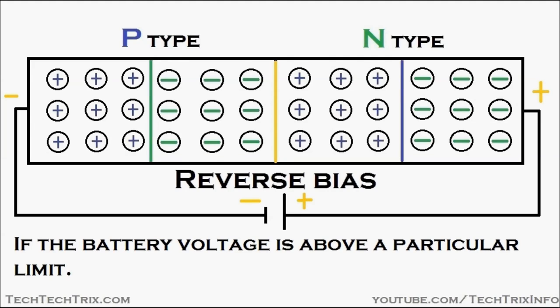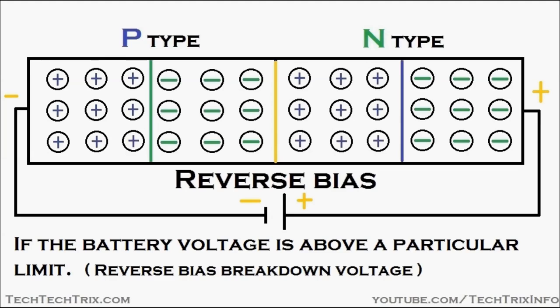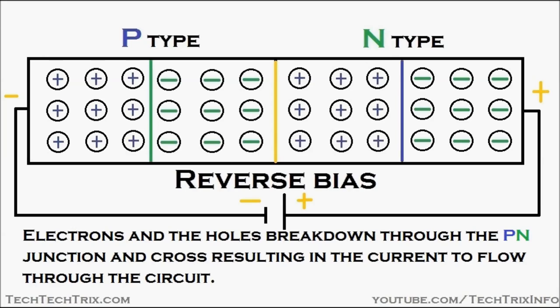But if the battery voltage is above a particular limit, this limit is called the reverse bias breakdown voltage. If the battery reaches this voltage, electrons and holes break down through the PN junction and cross it, resulting in current flowing through the circuit.